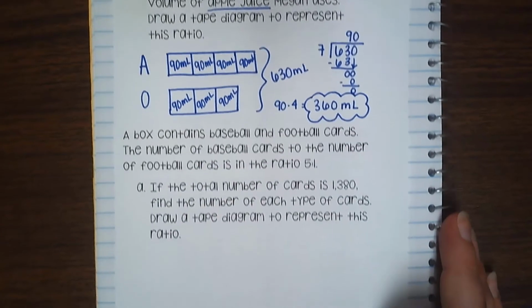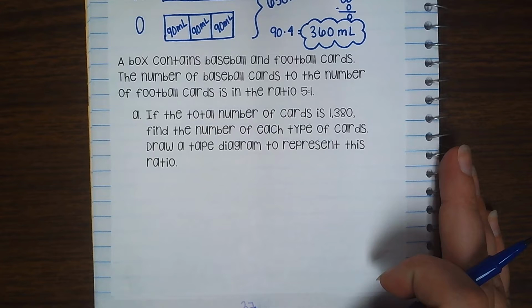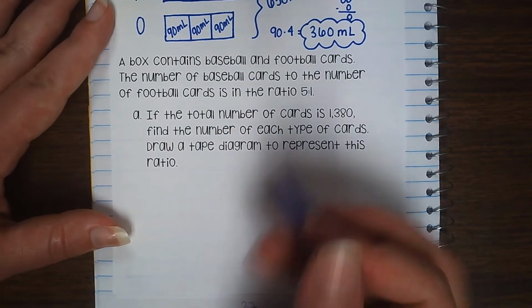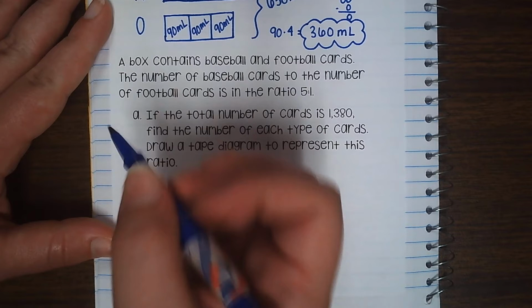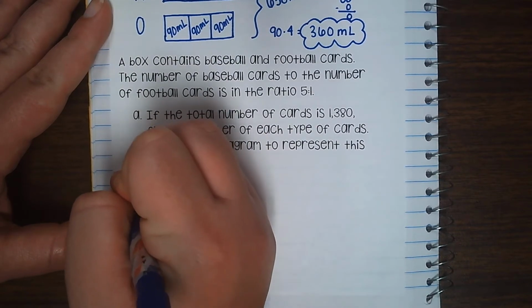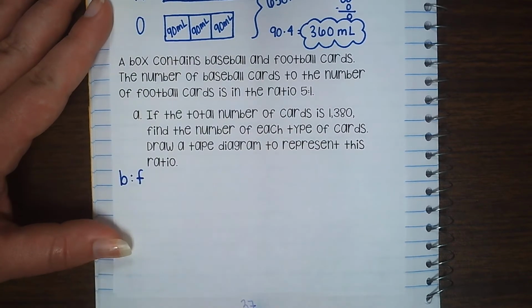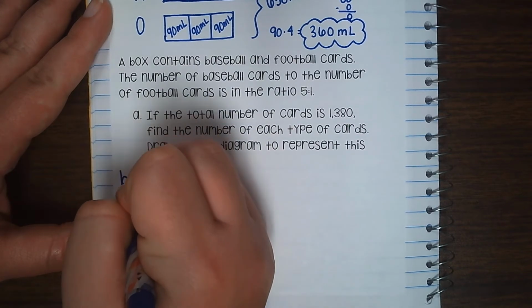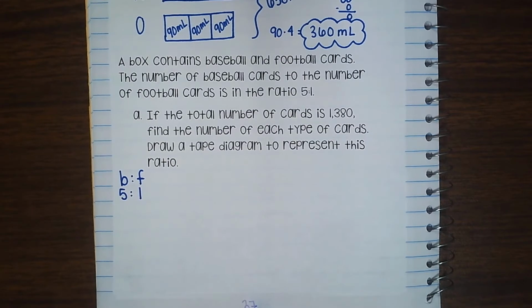Okay, next one. A box contains baseball and football cards. The number of baseball cards to the number of football cards is in the ratio 5 to 1. Okay, so this is where I take a break and I look, baseball, so B to F is in the ratio of 5 to 1.